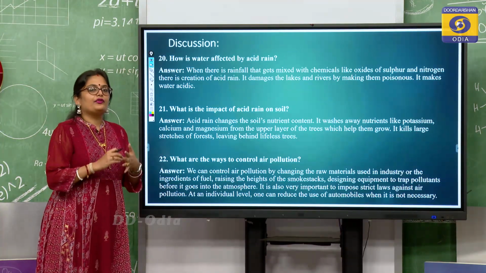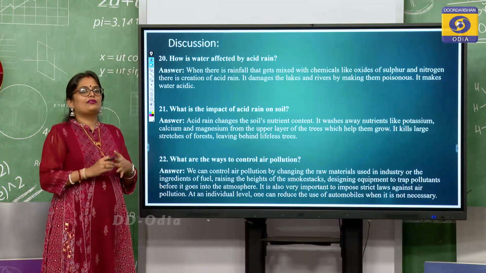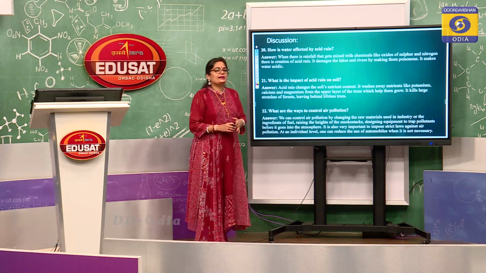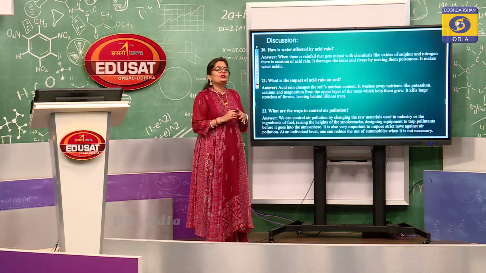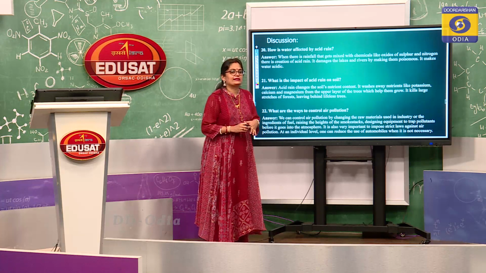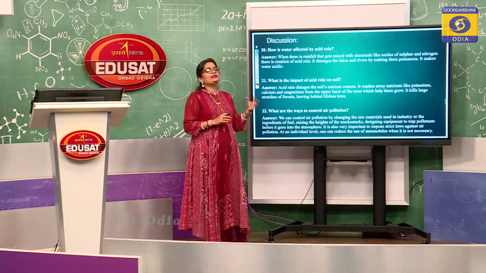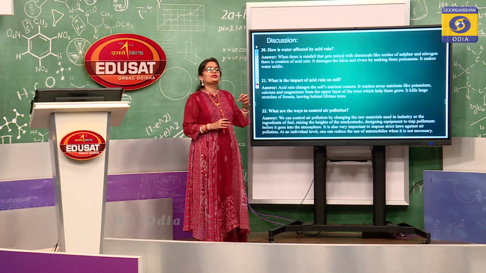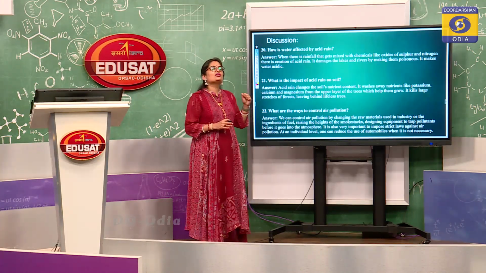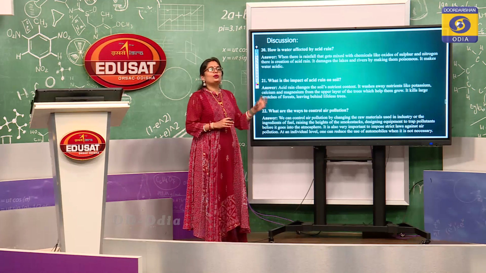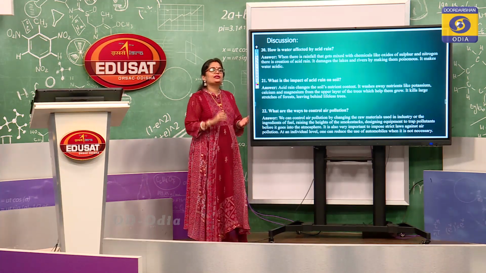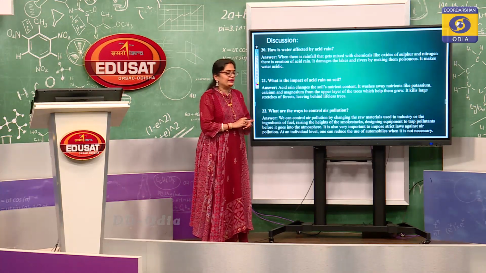And then we can also urge the government to impose strict laws. Another thing is we can all reduce the use of automobiles. As we learnt in the previous session, carbon monoxide released from automobiles is a major cause of air pollution. So, on our part, at a personal level, we can reduce the use of automobiles.